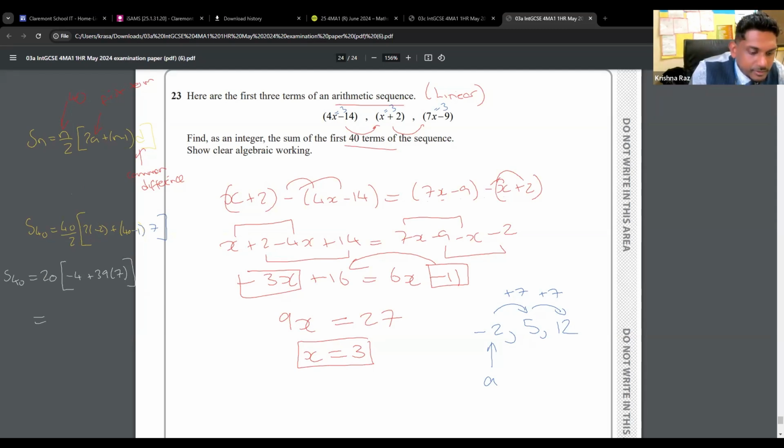And we will get 39 times 7 minus 4, times by 20, and we get 5387. Yep, so there's that answer. Let me just load my calculator up.